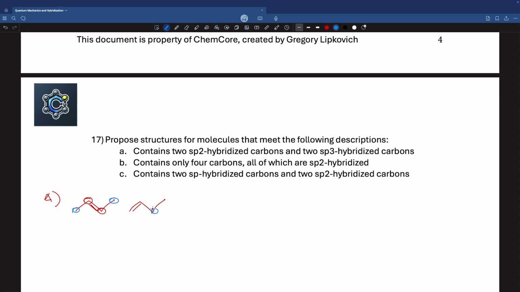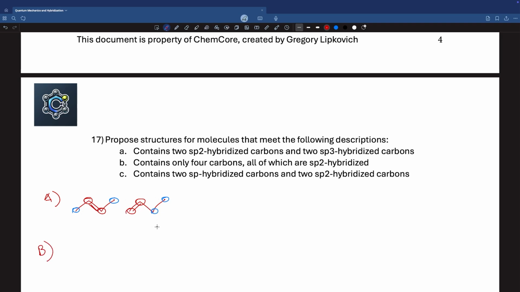Now these 2 end up sp3 hybridized, and the endings are sp2 hybridized, and I do not have to draw a separate example with flipping the double bond on this side, because it ends up being the same molecule. But we'll learn about that a little later in the video about isomers.